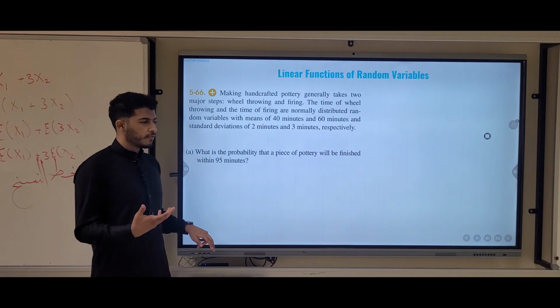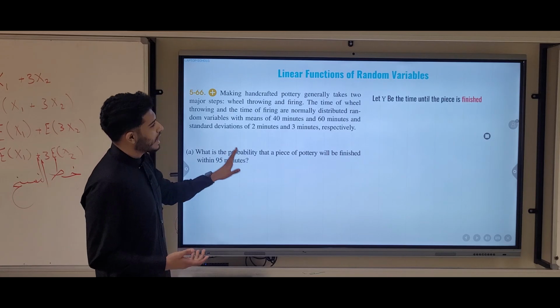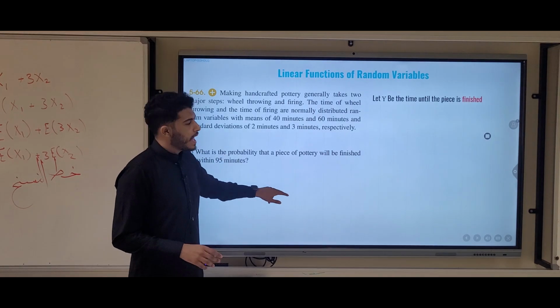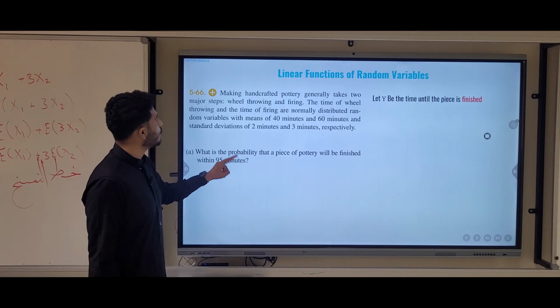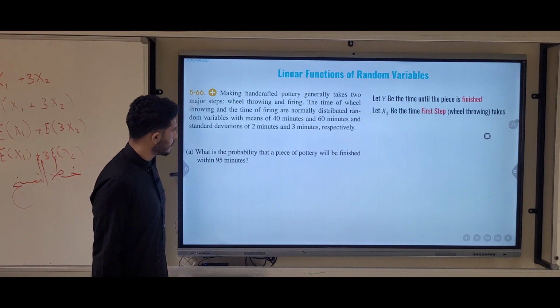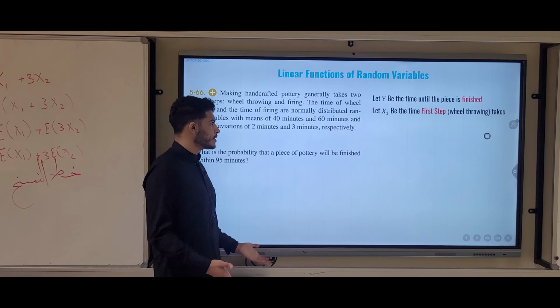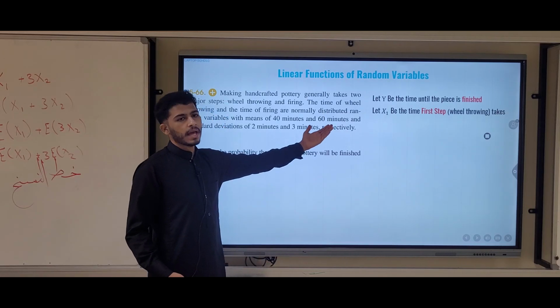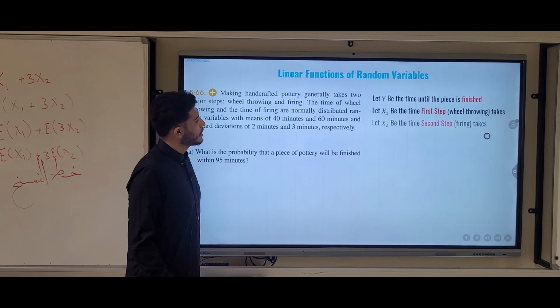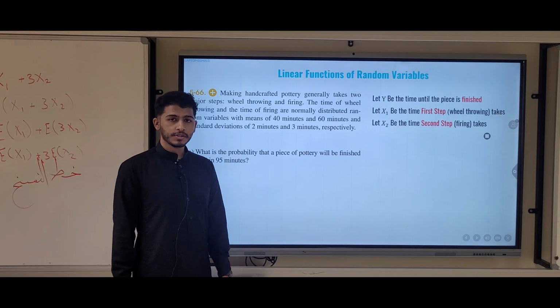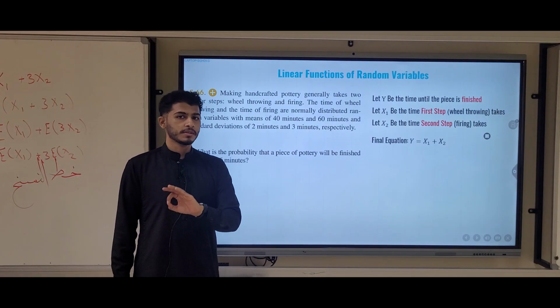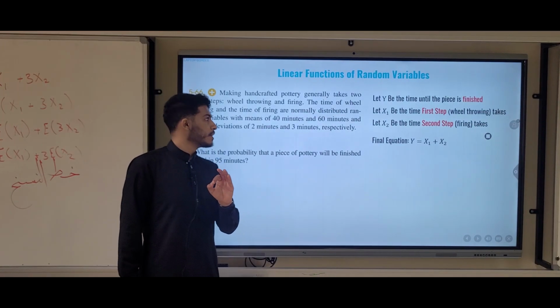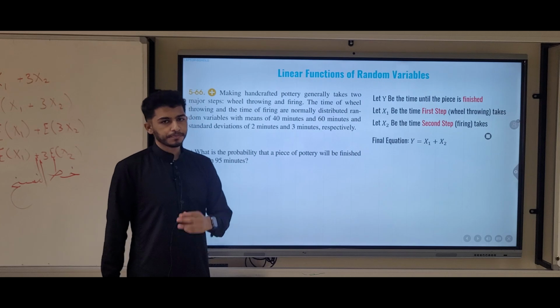So we can make a variable and call it the time until a piece finishes, and then we can make 2 other random variables, one for each step. For the wheel throwing, the first step, we can call it capital X1, and for the second step we can call it capital X2, and the sum of them both would denote when the piece of pottery is finished.